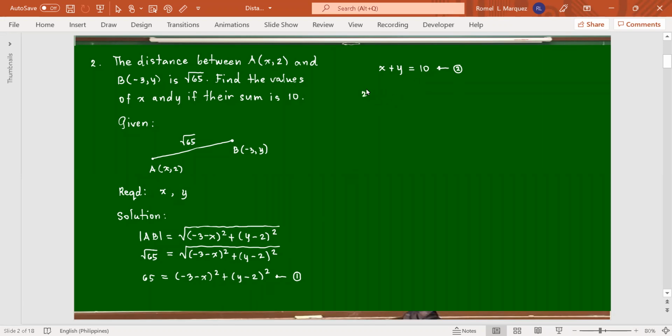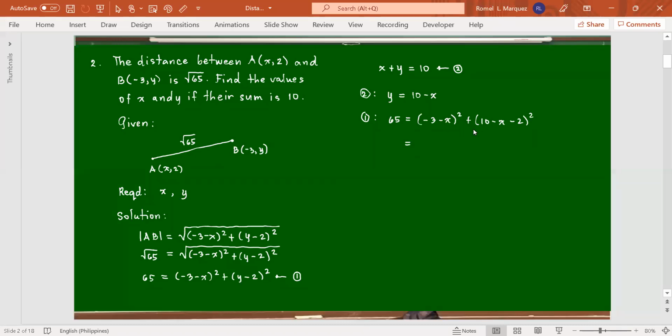From equation number 2, y is equal to 10 minus x. From equation number 1, we have 65 is equal to (-3 minus x) quantity squared plus, what is y? 10 minus x, and then minus 2 quantity squared, and that is what?